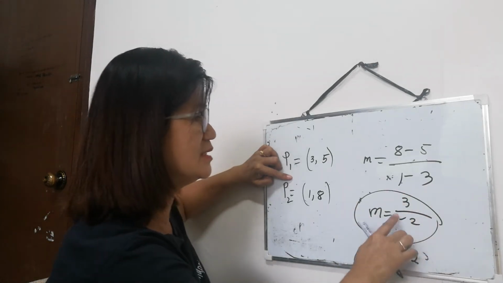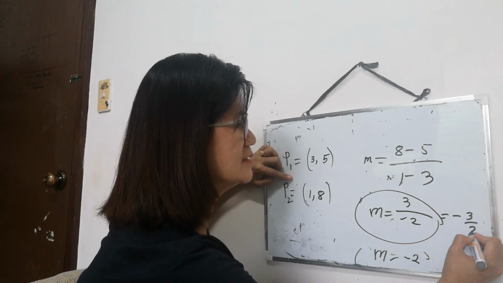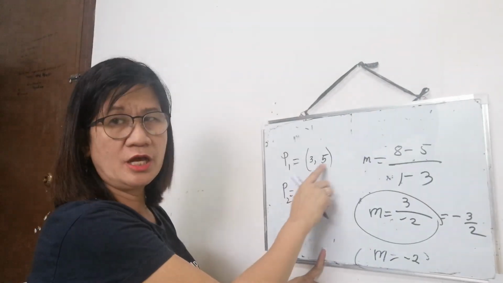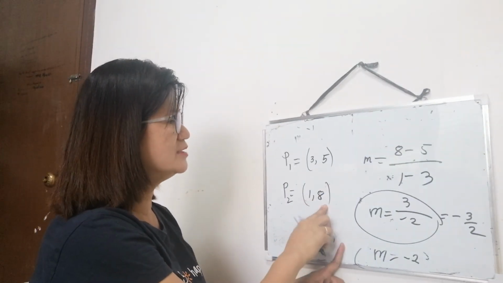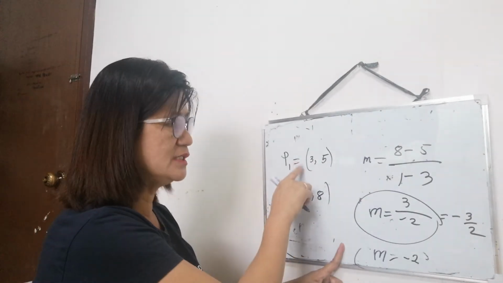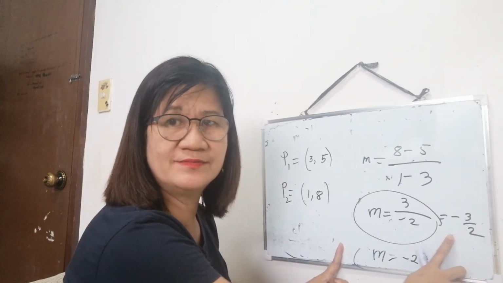So, the final answer is negative 3 halves. Okay? Again, 3, 5 and 1, 8. So, 8 minus 5 is 3. 1 minus 3 is negative 2. The final answer, negative 3 halves.